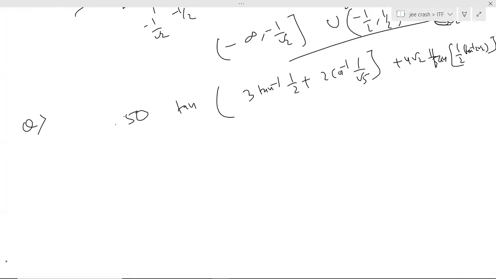And this is again a JEE 2022 question. I'll give you one hint: convert this into cot and this into tan. And please try to solve it. All right. 2 minutes, then I'll be solving it. See if you can solve it in 2 minutes.